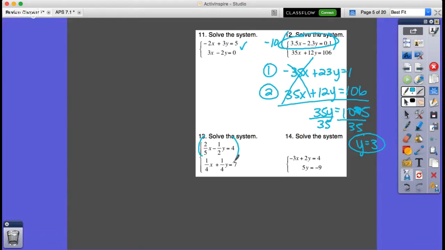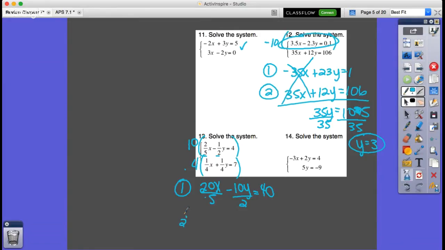On number 13, just to give you another practice or crack at this, because we're trying to find the number that goes into both 5 and 2, we're going to distribute the value of 10 into all three of these expressions there. On the bottom one, we can multiply that by a number of 4 that's there. So in my first equation, we get 20x over 5 minus 10y over 2 equals 40.